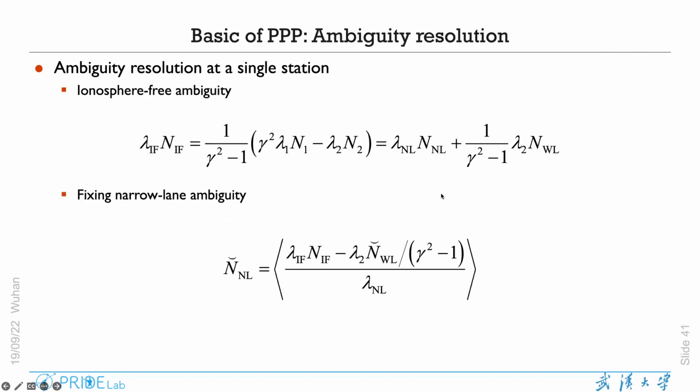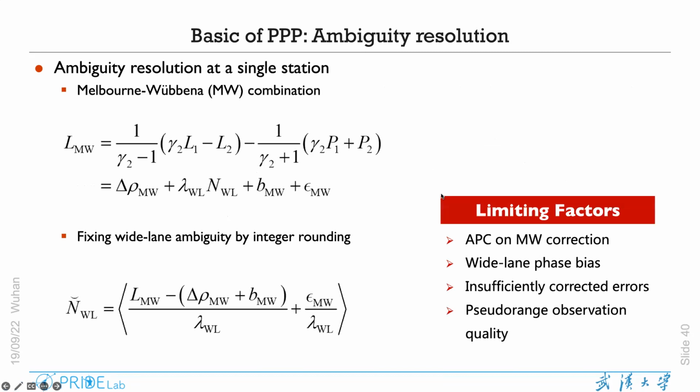All right. So after that, we come to the limiting factors for the ambiguity resolution of the wide-lane ambiguities. Here we normally use the Melbourne-Wübbena combination. This is a very interesting combination because it is based on the pseudorange and carrier phase simultaneously.